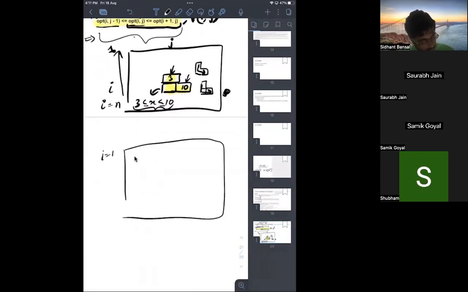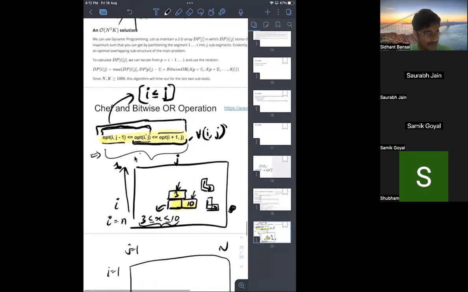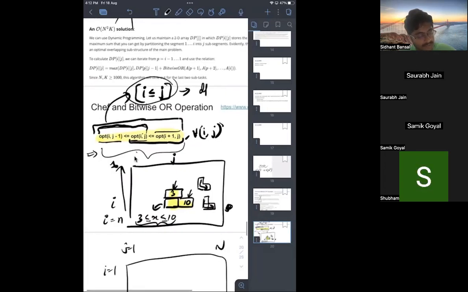One way people do it is they start i from n and j from i plus 1 to n. So they first calculate. Okay, yeah. So i is less than or equal to j, and your eventual answer will be in dp[1][n]. That's the thing that you want to calculate.